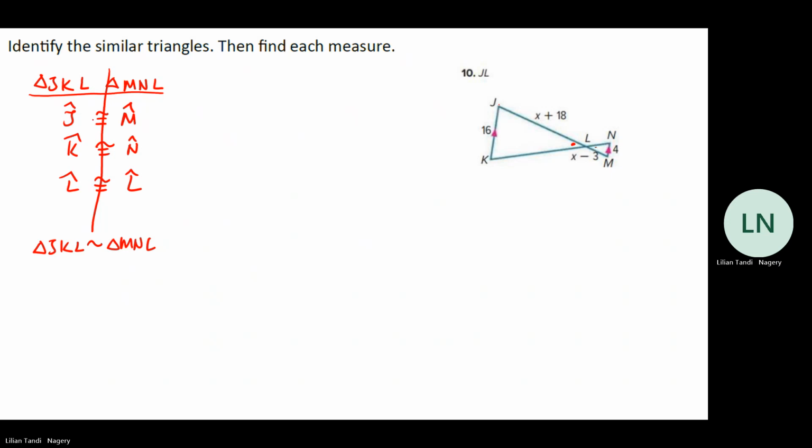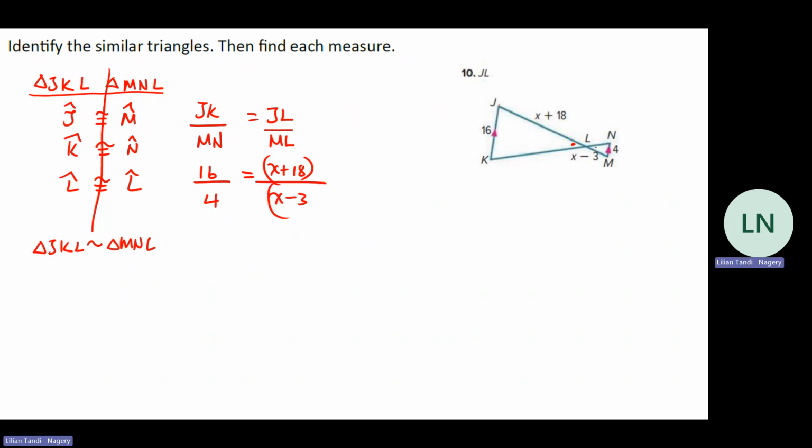JK corresponds to MN. And JL corresponds to ML. JK is 16, MN is 4, JL is x plus 18 over x minus 3.